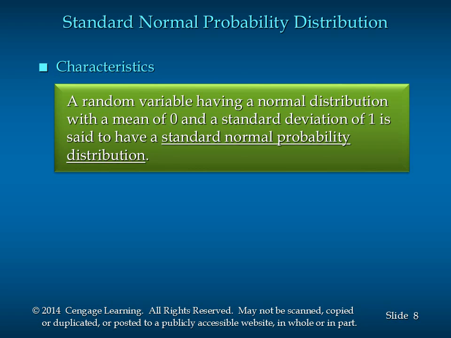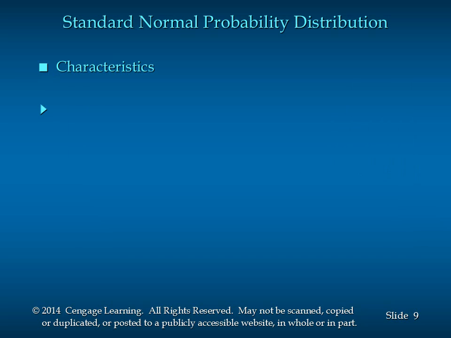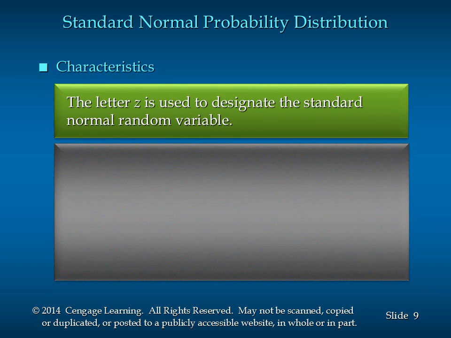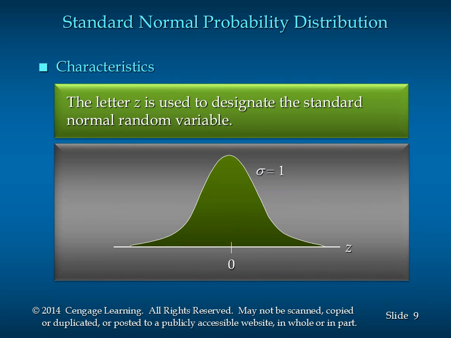Between 0 and 1, you have a standard normal probability distribution. The way we denote a standard probability distribution on a scale of z is we take everything to 0.